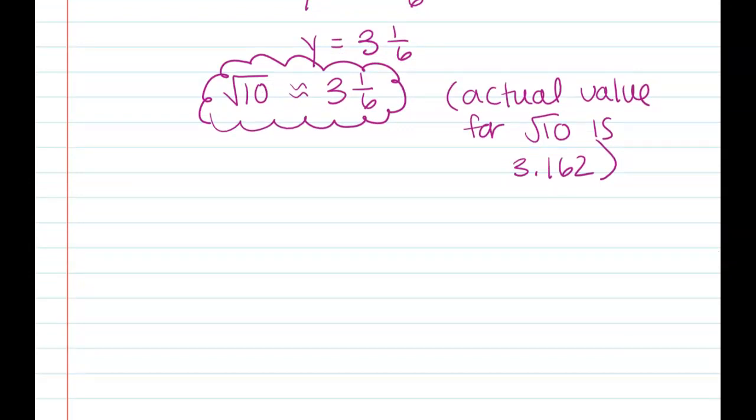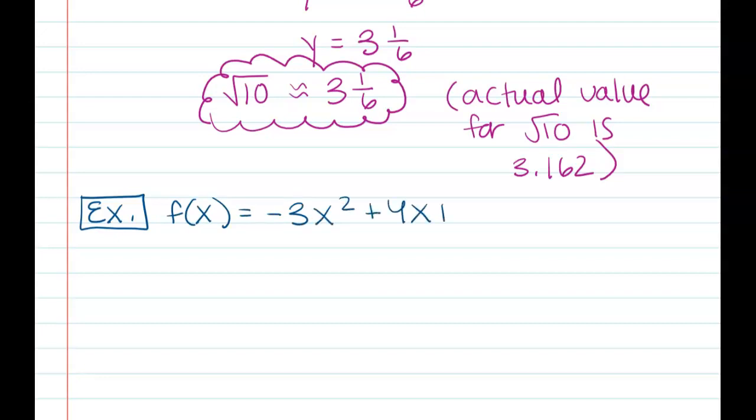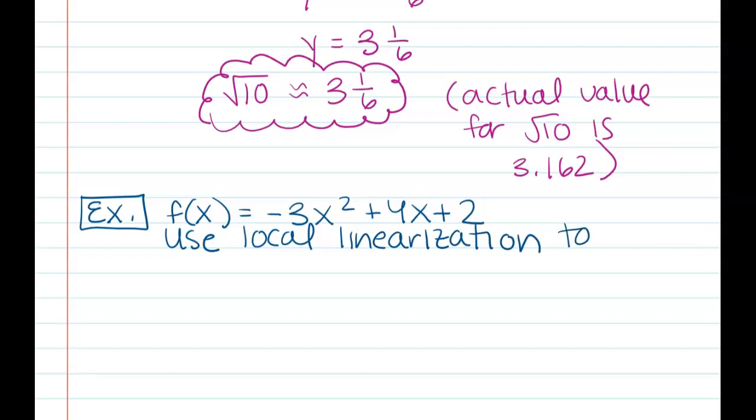Now for another example. f of x equals negative 3x squared plus 4x plus 2. And we're going to use local linearization to estimate, same as find the approximation, to estimate f of 1.2.